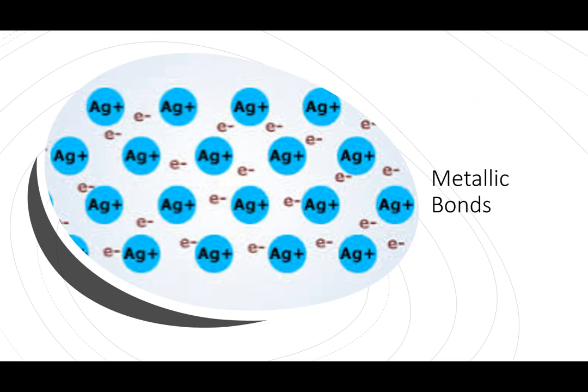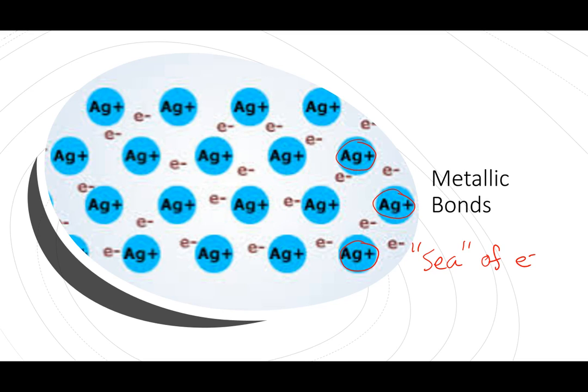What about metallic bonds? Metallic bonds are a little different. We have silver here, silver atoms surrounded by electrons. Okay, these would be the electrons that silver brings in, and it's sort of known as a sea of electrons. That's how most people think of this.